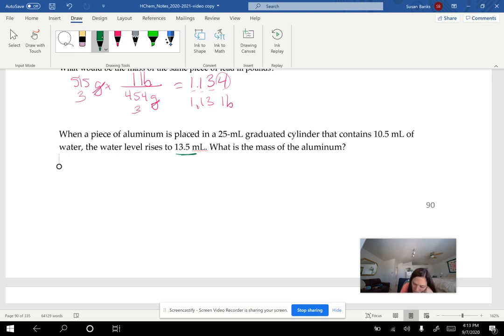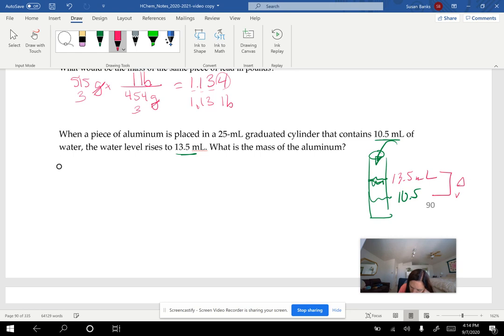So here we're using displacement. If I start off with a graduated cylinder at about 10.5, and then I put the object in, that water is going to rise up to 13.5 mL. And the difference between these two is the volume of the object.